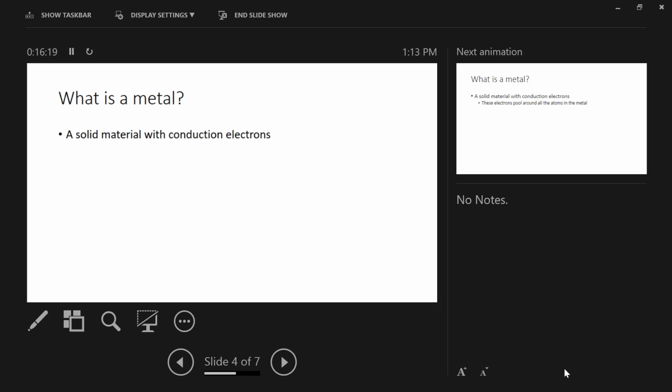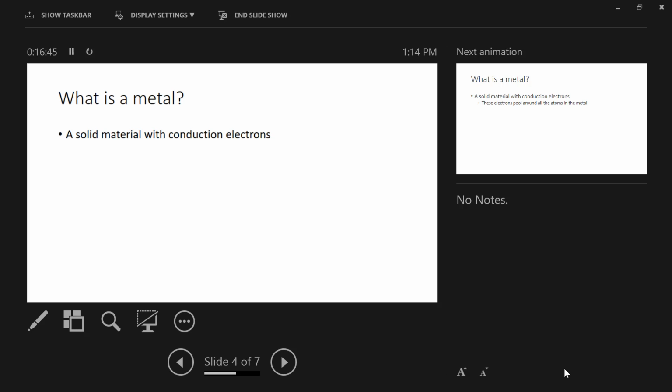Did you have this? With conduction electrons? We were saying how metals have great conduction. Yeah, there's a reason why we call these conduction electrons. Because they are great conductors of heat and electricity, but we'll get there in a moment. Okay? So a solid material with conduction electrons.